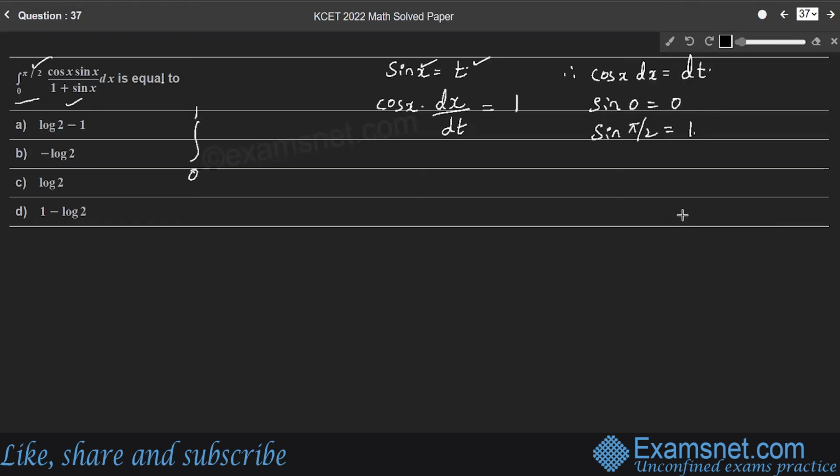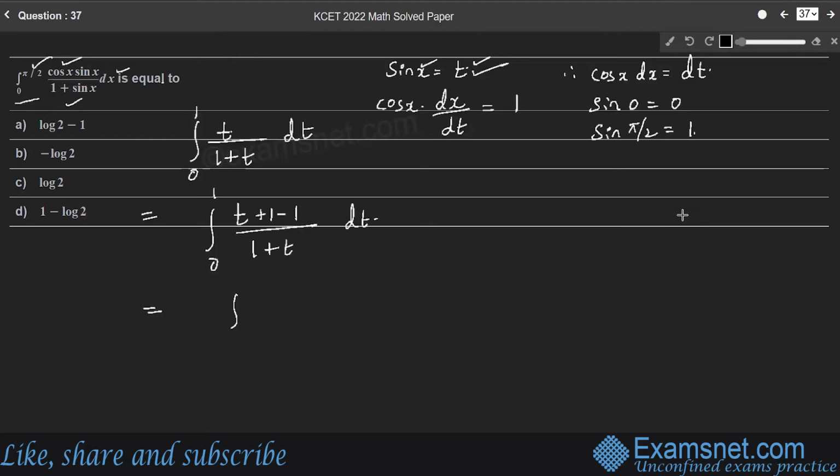And the expression becomes cos x dx is dt and sin x is t. So we'll write t by 1 plus sin x becomes 1 plus t dt. So the limits are 0 to 1. So t as t plus 1 minus 1 by 1 plus t dt.